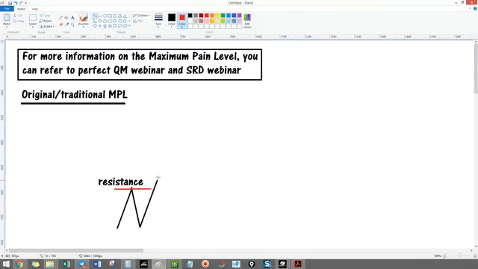The break of this will create a base, which is also known as a flat limit. Okay, this is a flat limit.